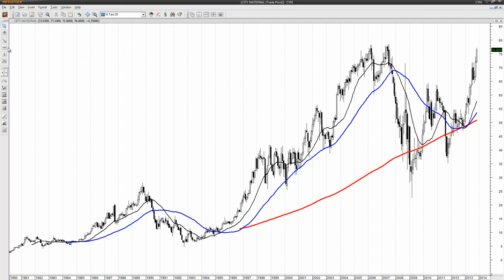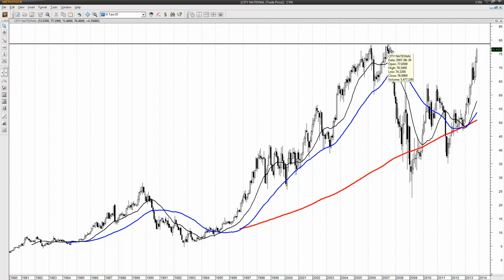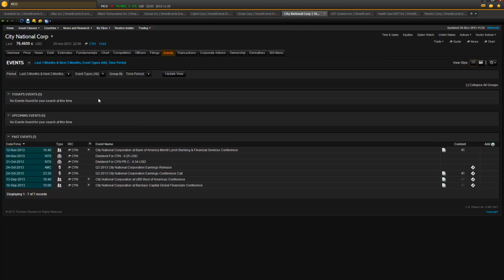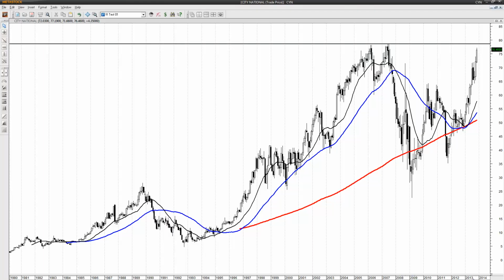City National. This is where I put in my short sell limit order, and the highest print is 78.54. That's where I put in my short sell limit order. Check for earnings. No earnings in the near future.